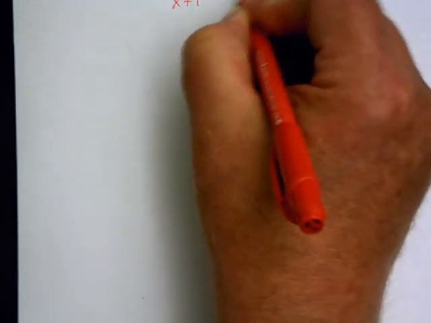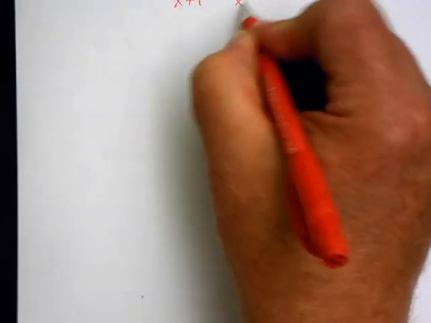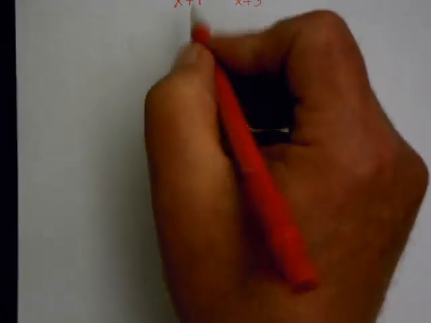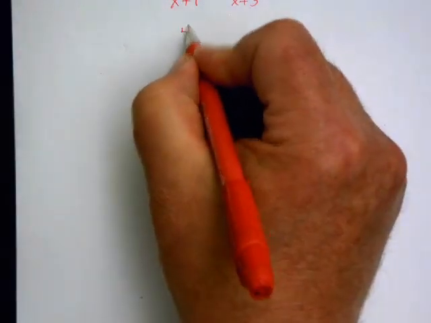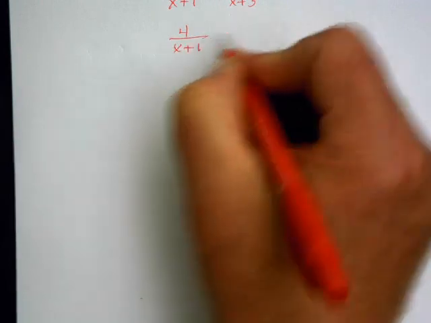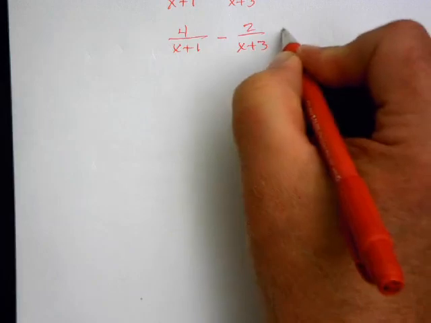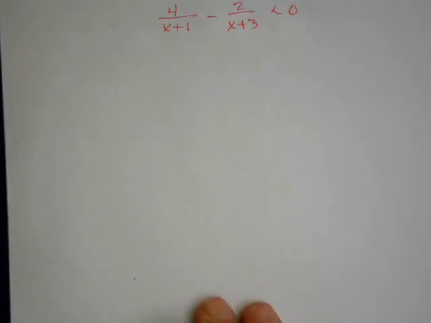So first off, if we want to have everything on one side, then we need to make things so that I can have a common denominator.